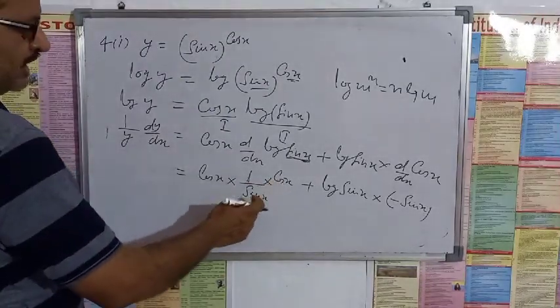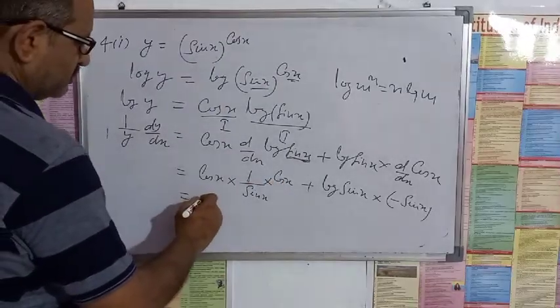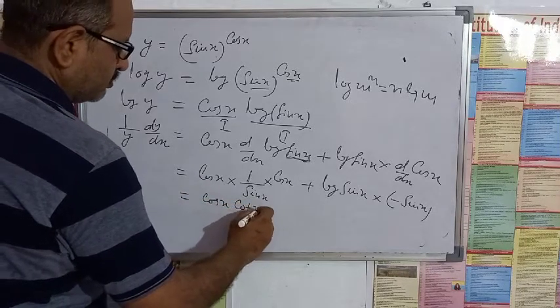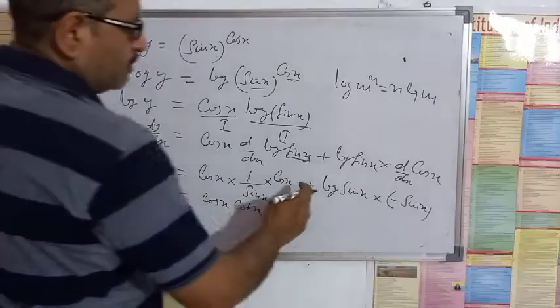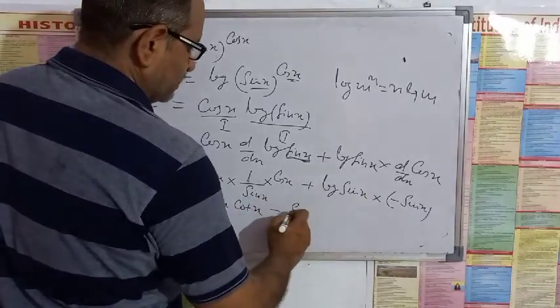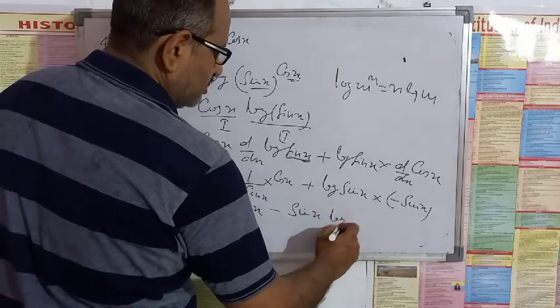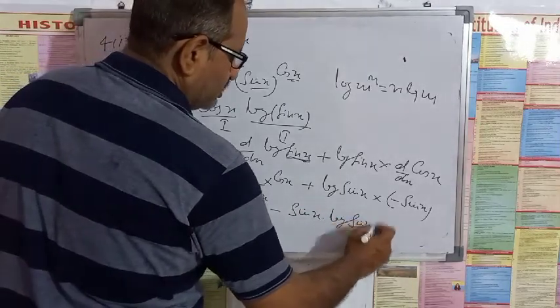So cos upon sin, it is cot x. So we can write cos x into cot x plus minus sin x into log sin x.